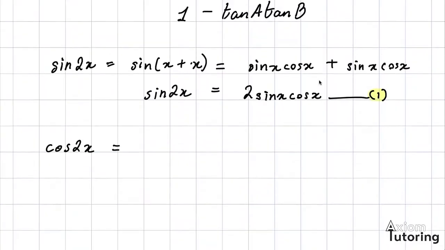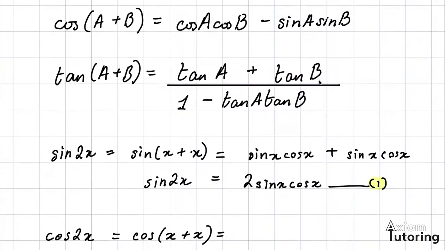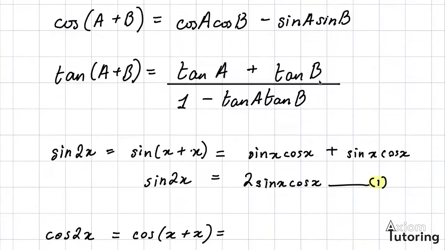Right, let's rewrite it the same way we did for sine. So we're writing it as cos of x plus x to compare it to the compound angle formula. So cos A cos B minus sine A sine B. Okay, so we're looking at cos A plus B there.